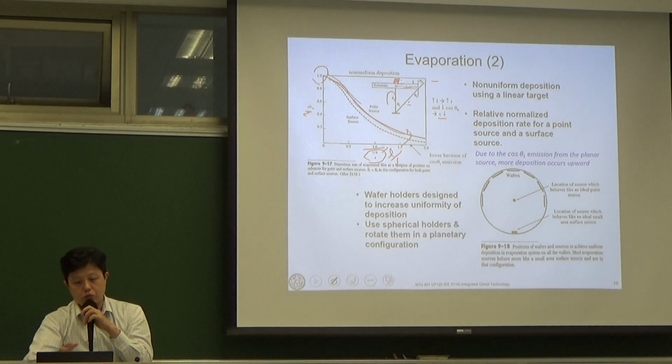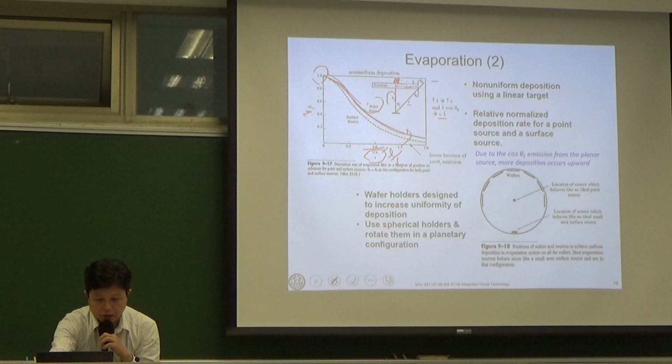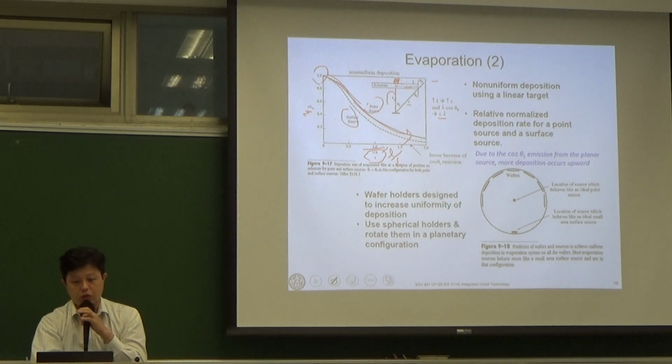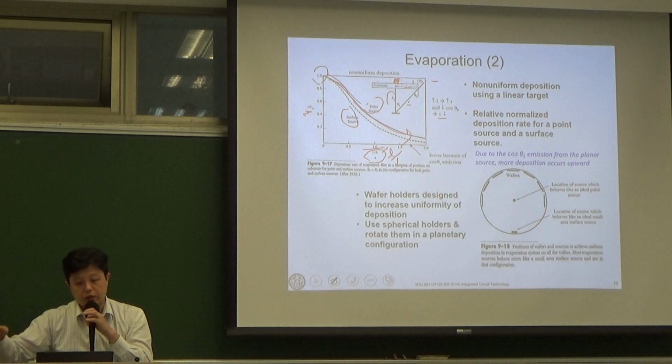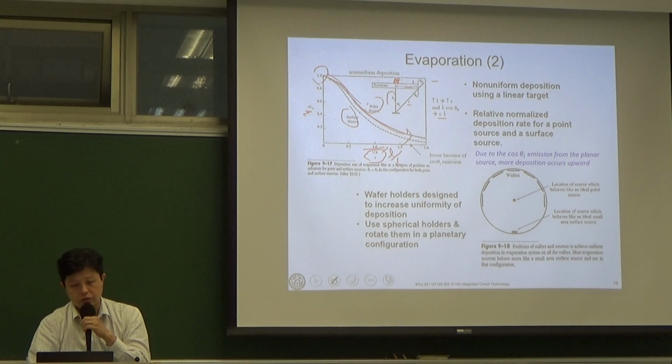We normalize these two lines, one point source and one surface source, and they give you the same trend of decline in thickness.